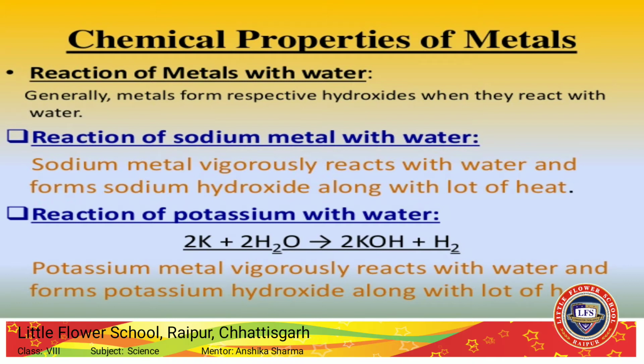Reaction of potassium with water: 2K plus 2H2O gives 2KOH plus H2. Potassium metal vigorously reacts with water and forms potassium hydroxide along with lots of heat.